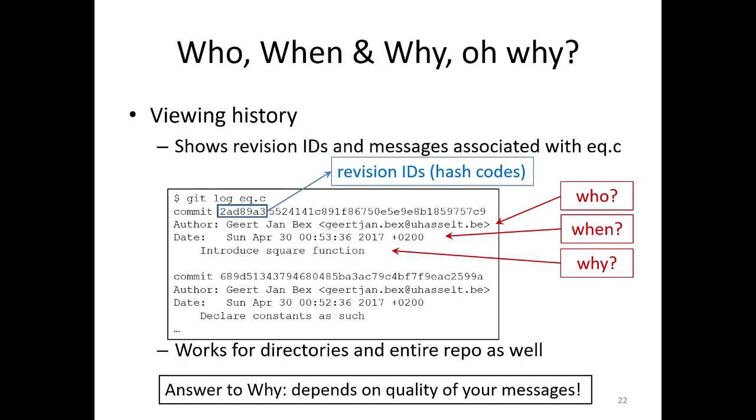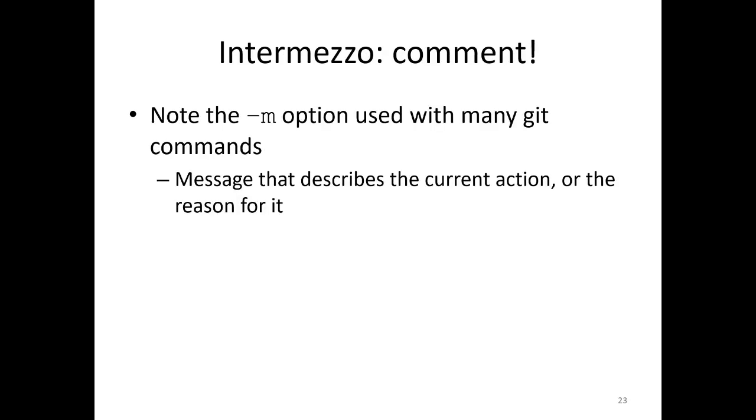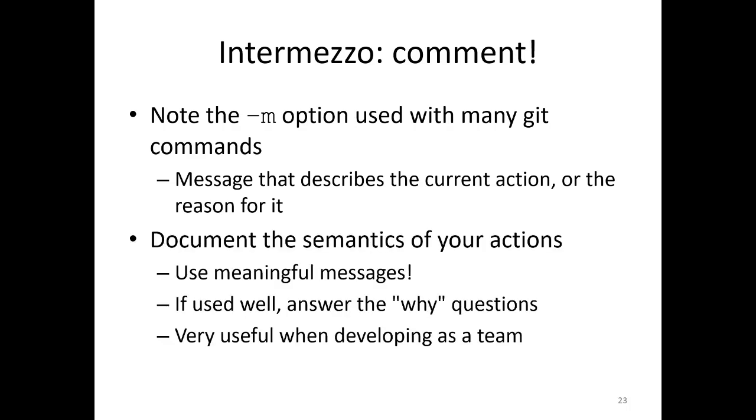And so the answer to why was something committed, why were certain changes made, depends on the quality of your commit messages. So let's talk a little bit about those commit messages. The -m option can be used with a number of git commands, and it's a message that describes the current action or the reason for it. That's basically the idea.